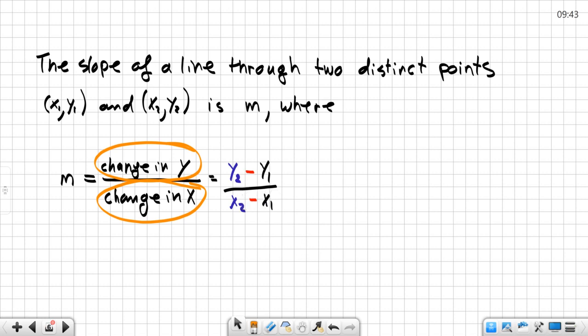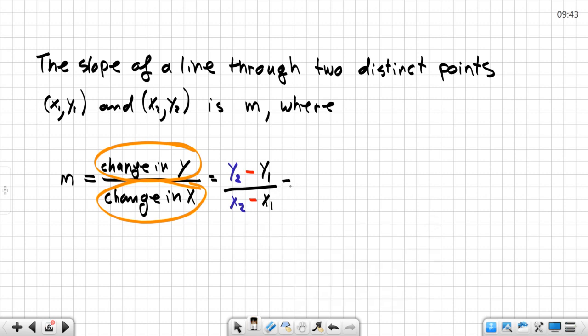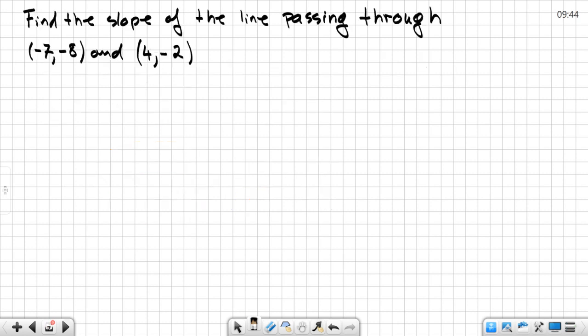I'm going to show you another way how to calculate the slope in a much easier way, I hope. So here's another way how you can memorize this. This is more what we use in our science classes. The change in y, change delta y divided by the change in x, delta y over delta x.